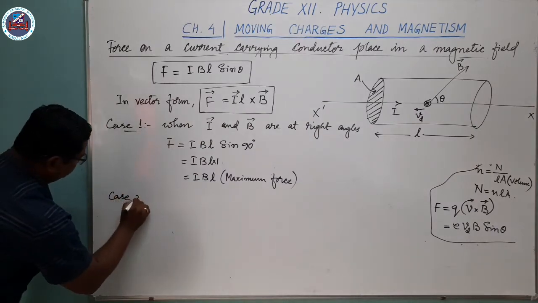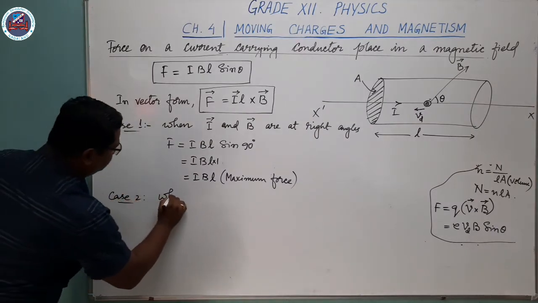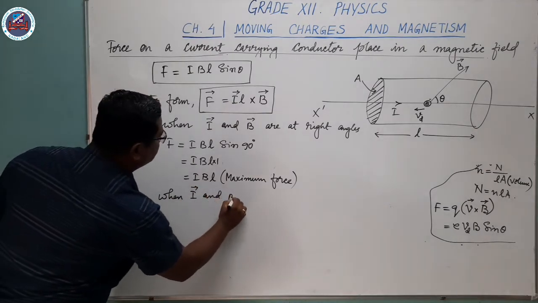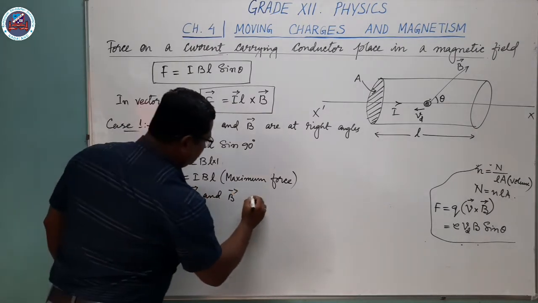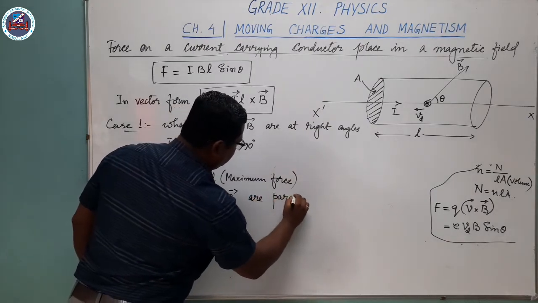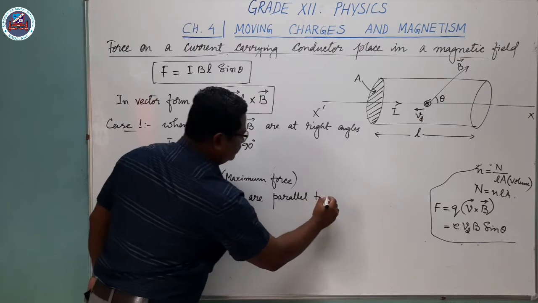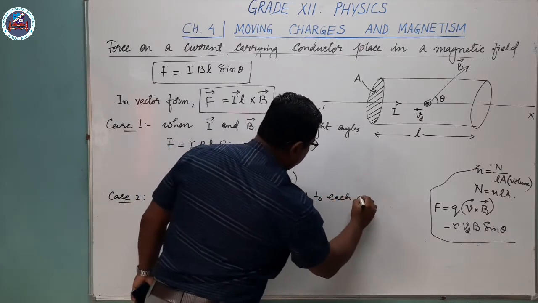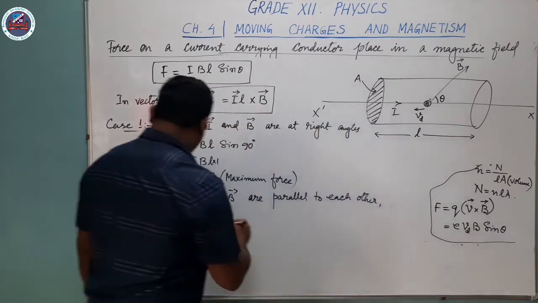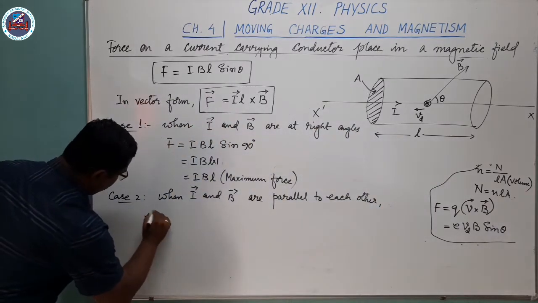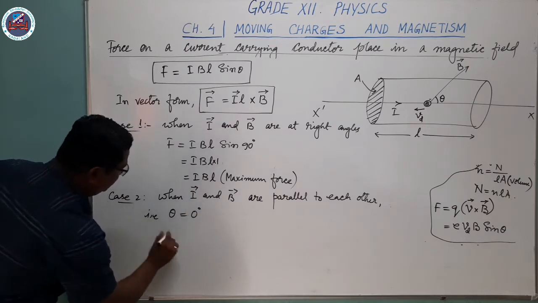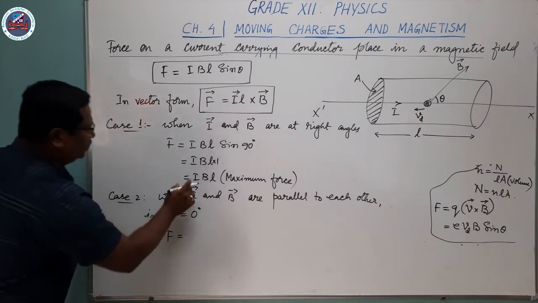Case 2, when I and B are parallel to each other, that is when theta is equal to 0 degree, then the force experienced will be 0 or minimum.